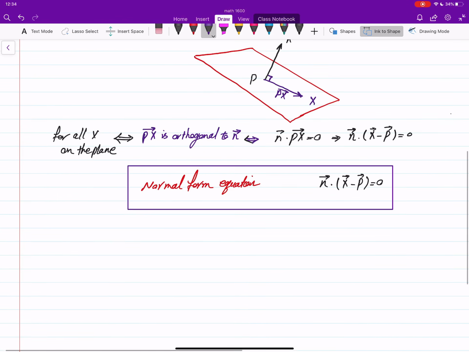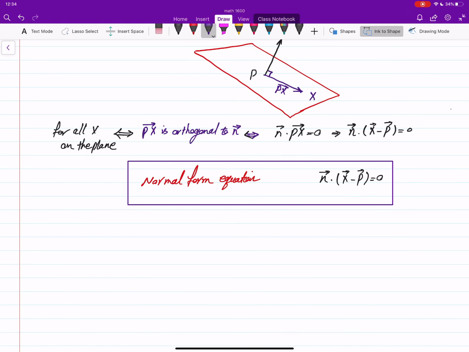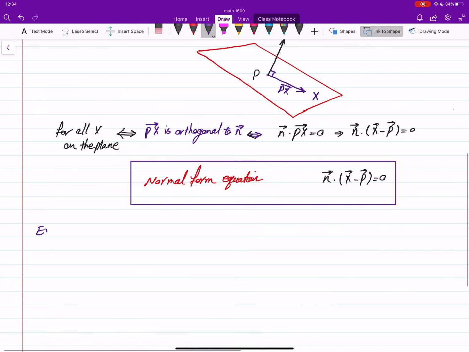Very nice. Let's do an example for this case.